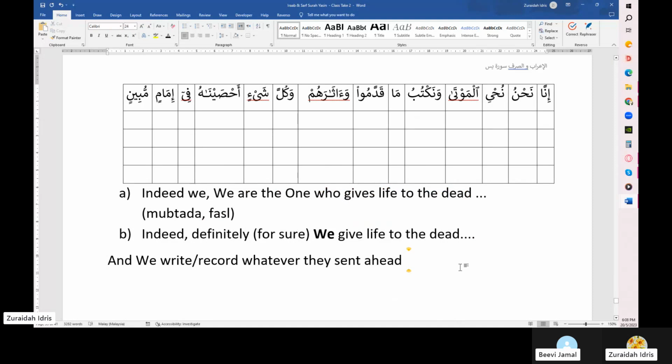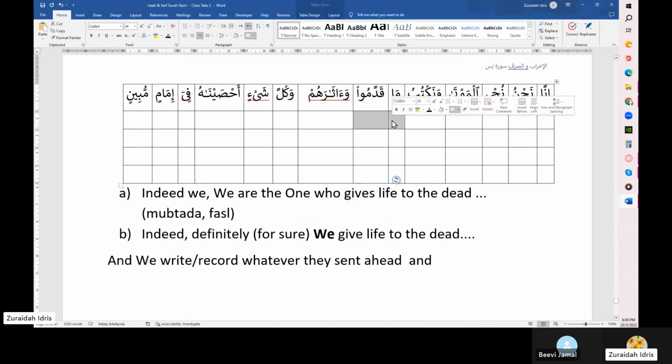And then you can put whatever in the bracket. And because the ma is implied there, right? Because it's ma'tuf. So and they send ahead ma qaddamu wa ma atharahum, right? Actually, am I right? Ma qaddamu wa atharahu. Yeah, because these are the two maf'uls, yes.